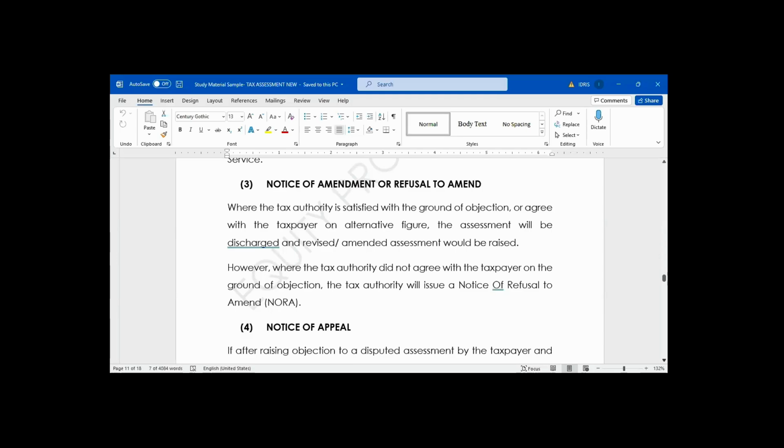When they amend it, they will write you a letter called notice of amendment. This notice of amendment is a letter written by the tax authority to taxpayer stating that they have received their notice of objection and they have amended the notice of assessment, or they have revised the notice of assessment based on the evidence provided in the notice of what? Objection.